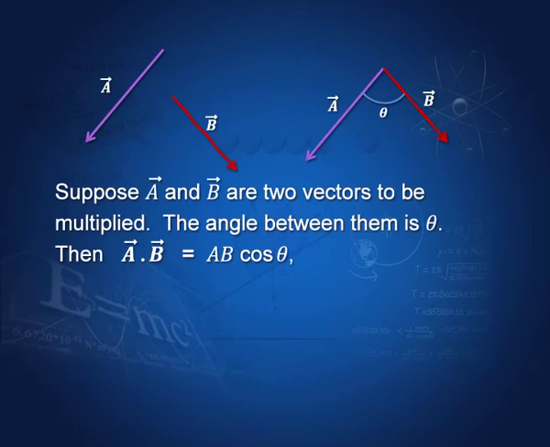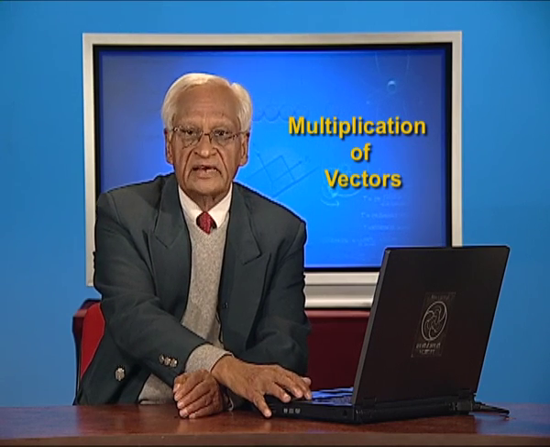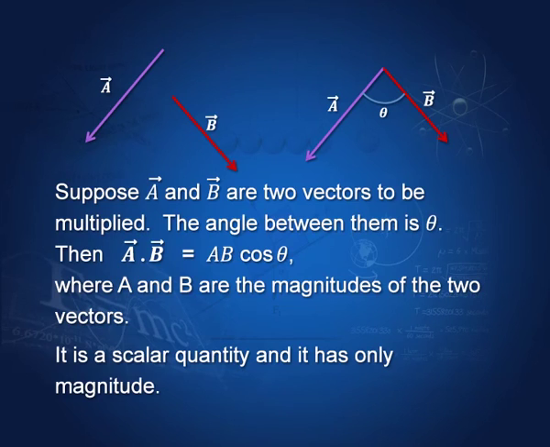Remember that vector A dot vector B is always equal to A B cosine theta. Theta is the angle between them, and the product is a scalar quantity.